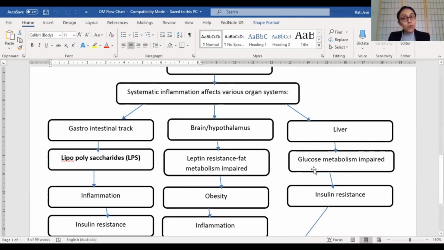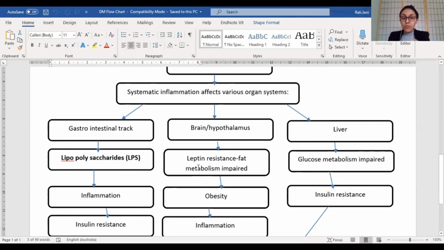So when you have impaired glucose metabolism, what happens? This will trigger insulin resistance, because you don't have the efficient conversion of glucose into glycogen, or glucose into energy, things like that. All right. So this will trigger insulin resistance. Okay. Impaired glucose metabolism is equal to high insulin resistance.